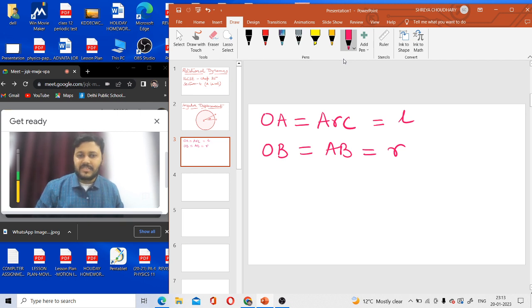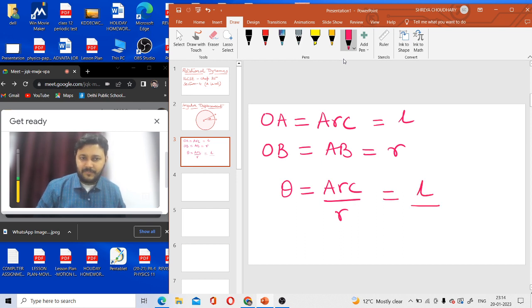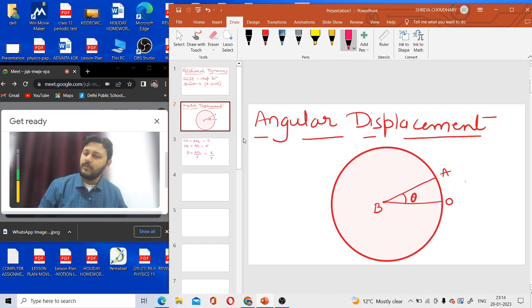Now from the very basic concepts of math, theta is equal to arc upon radius. The value of arc we have considered is L, and the value of radius we have considered as R. So if we consider that the particle was initially at 0 degree, from the diagram we can say the particle was initially at O. So the angle is taken as theta 1.